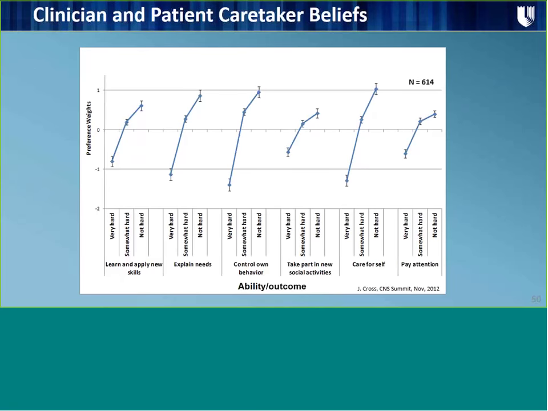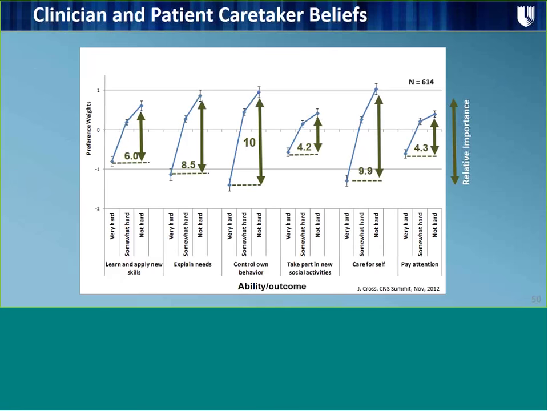We asked both clinicians and patient caretakers what their preferences were. We gave them exactly the same choice experiment and got some very interesting results. The most important attribute was control over behavior. It was more important than anything else.